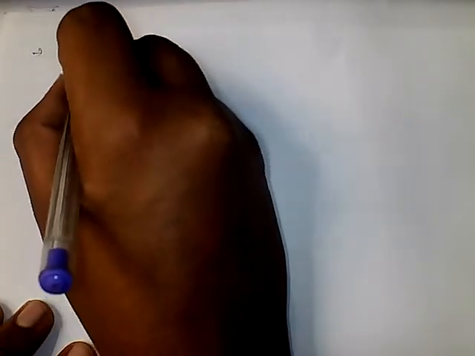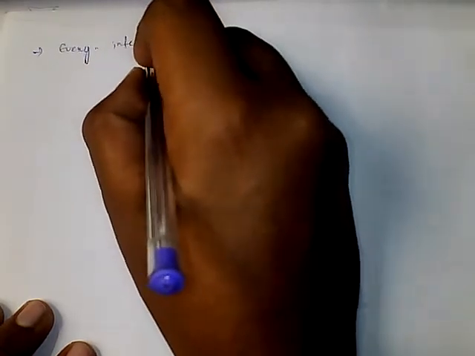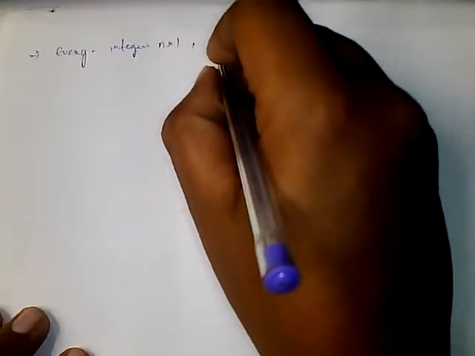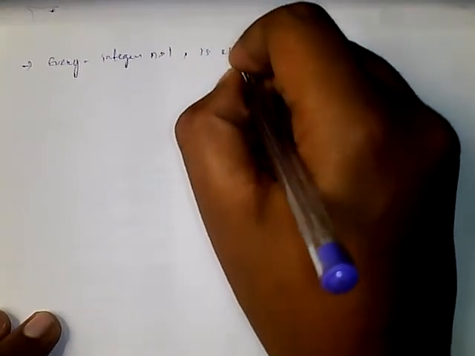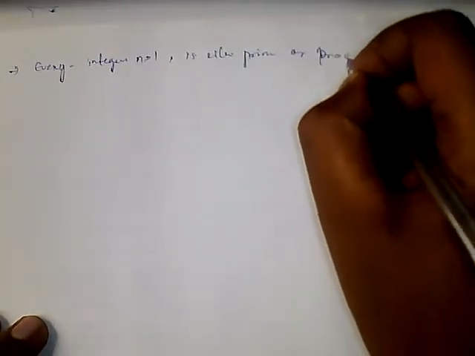One material that I want to include here is that it says that every natural number, every integer n greater than 1, is either prime or a product of primes.